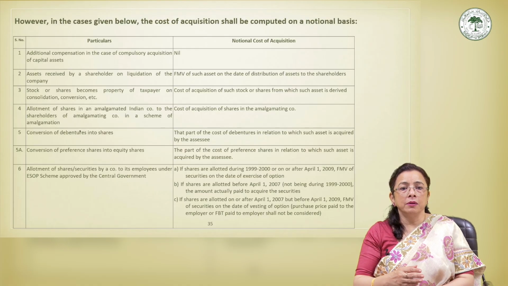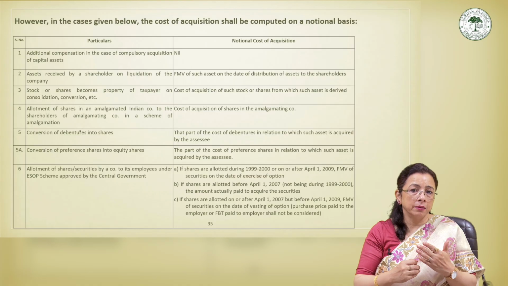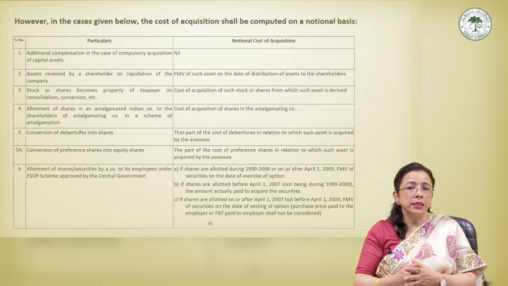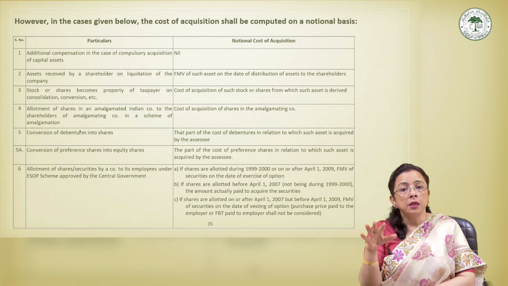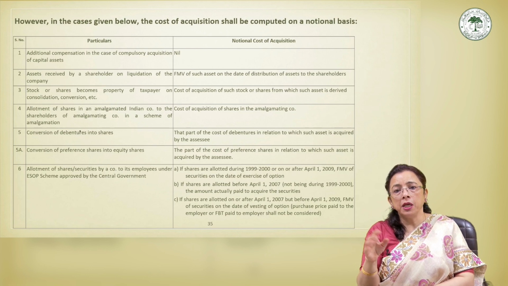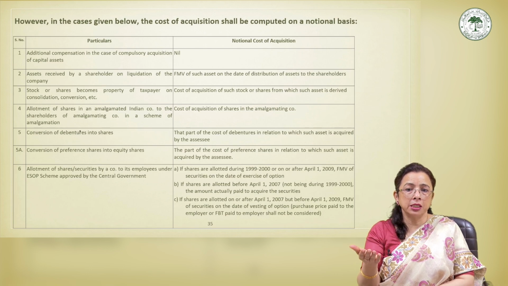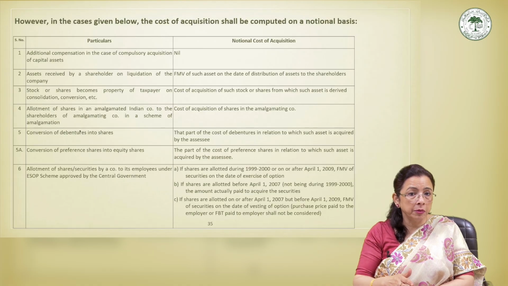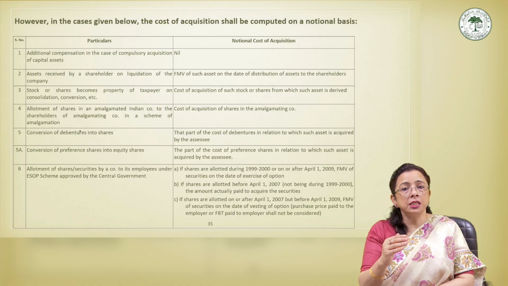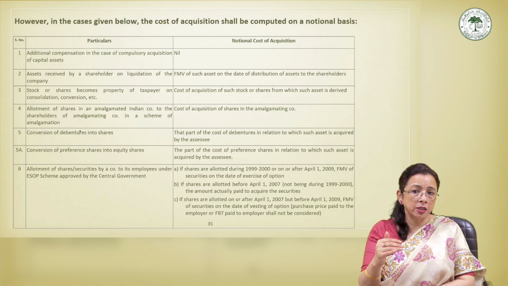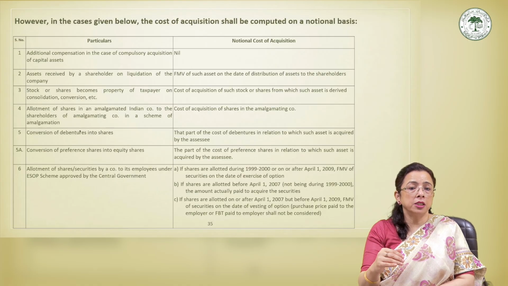So what I want to express here is that in certain transactions, the assets may not be acquired through a direct purchase, or the actual purchase cost may not be available or relevant. As I said, sometimes costs are not very explicit. So what happens in these situations? The Income Tax Act provides a very special rule for determining the COA on a notional basis.